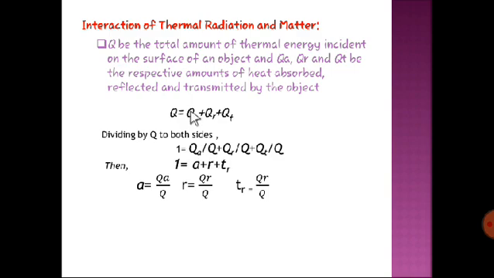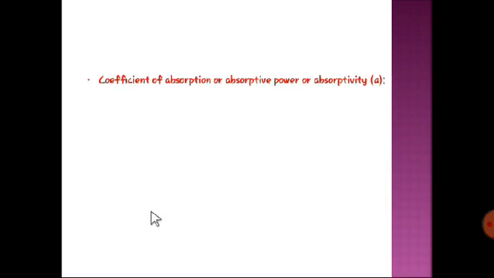So 1 = QA/Q + QR/Q + QT/Q. This is nothing but 1 = A + R + T, where QA/Q is A, QR/Q is R, and QT/Q is T. So what are A, R and T? Let's see.